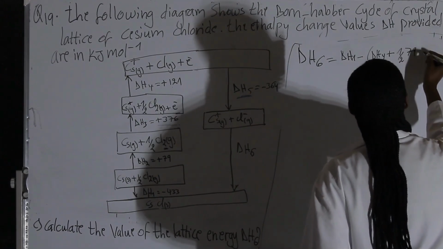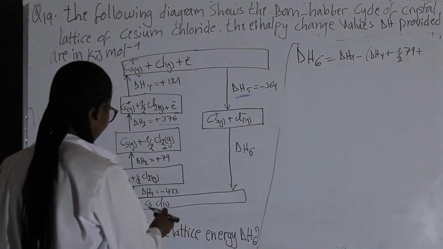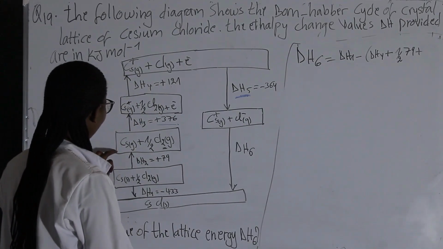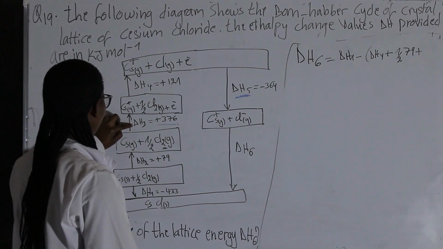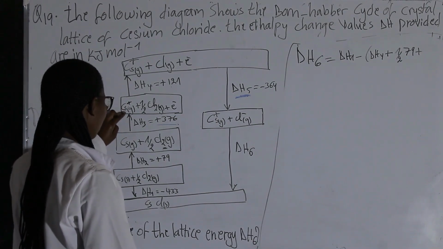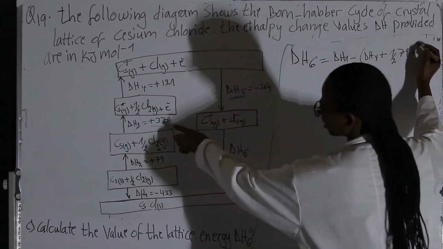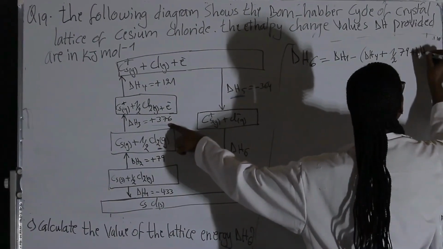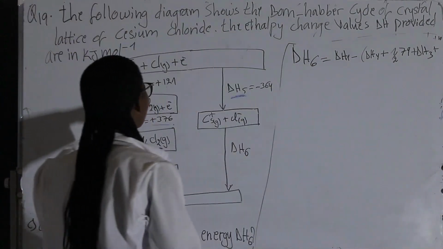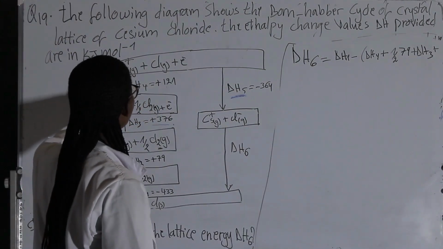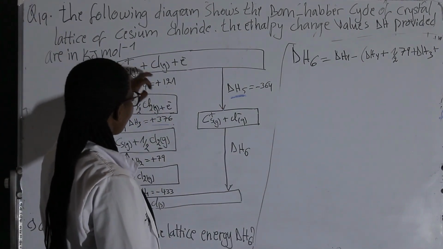Then plus the enthalpy change of first ionization of cesium, which is ΔH3, plus the enthalpy change of formation of chloride ion.